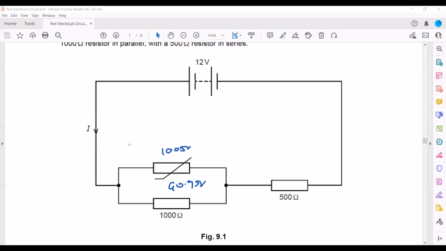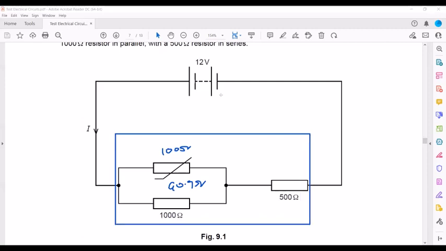As the resistance of the thermistor is decreasing, the combined resistance of the circuit will be 590.9 ohm. So the combined resistance of the circuit is also decreasing. When the thermistor had 1000 ohms, the resistance of the whole circuit was also 1000. But as the resistance of the thermistor decreased, the combined resistance of the circuit is also decreasing.